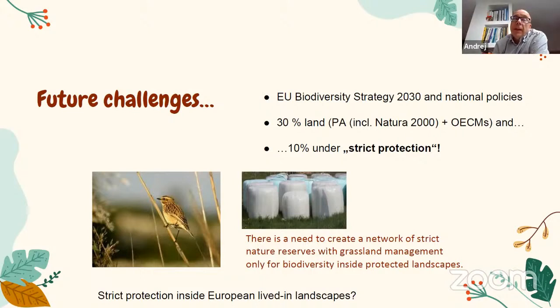However, we should know that the most degraded and the most endangered habitats or even ecosystems in Europe are secondary ecosystems, so the grasslands. And these grasslands, per definition, need intervention because they developed throughout the development of the European civilization with the presence of man.